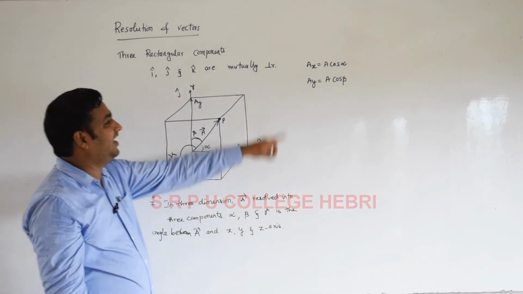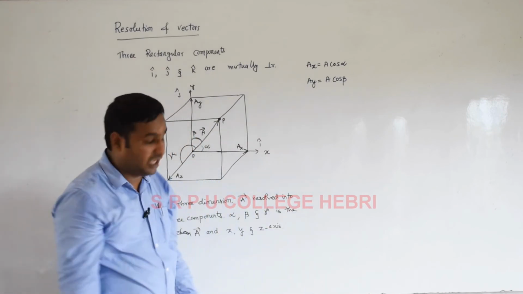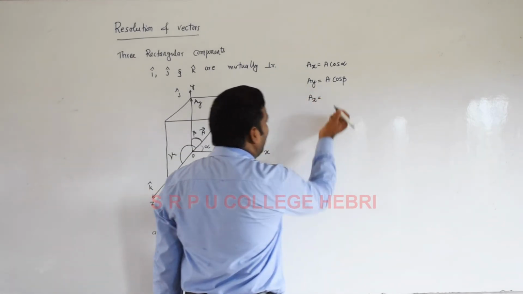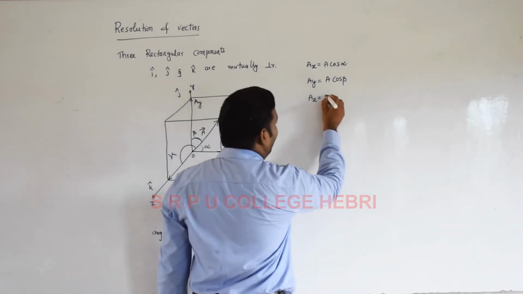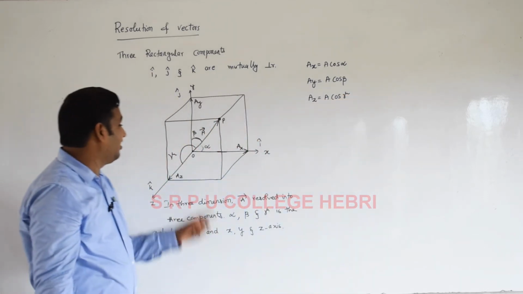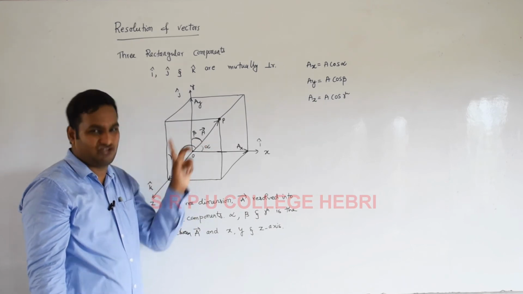The component of vector A along the x-axis is A cos alpha, along the y-axis is A cos beta, and the last one, the component of vector A along the z-axis, we take as az is equal to A cos gamma. Remember, gamma is the angle made by vector A from the z-axis.